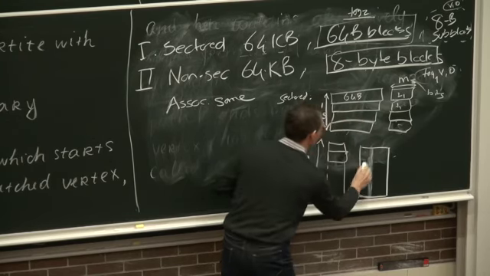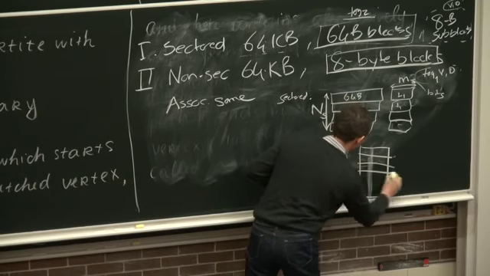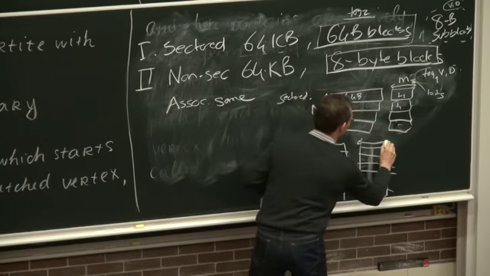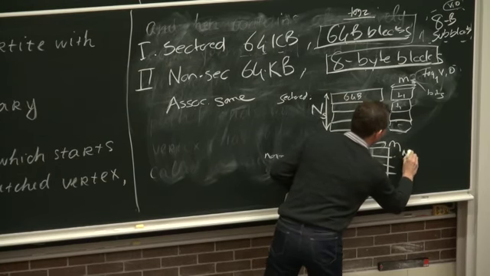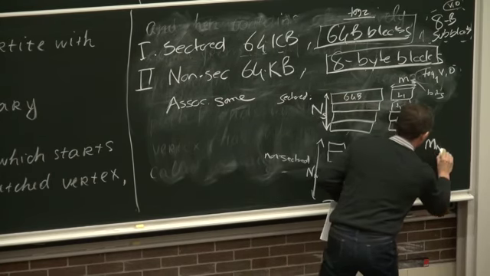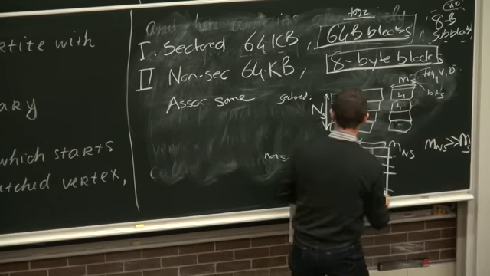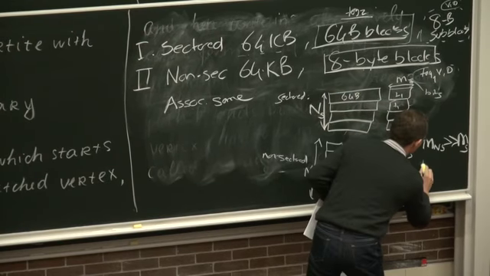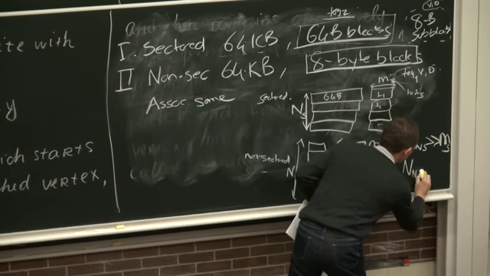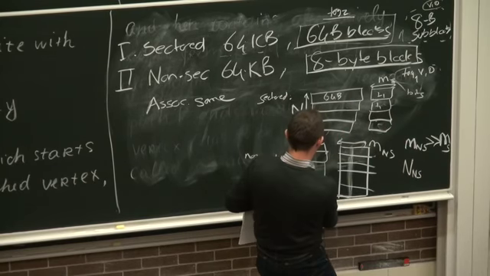You can think of it this way. This T2 is much bigger. So here your M non-sectored, so let's do this. M non-sectored is much bigger than M sectored, whereas the number of sets non-sectored... Wait, what did I do?